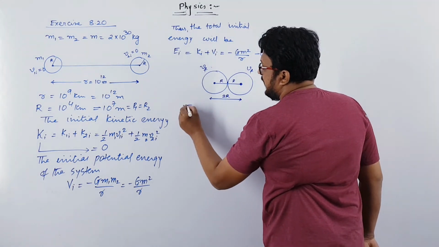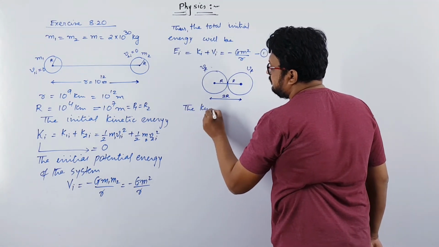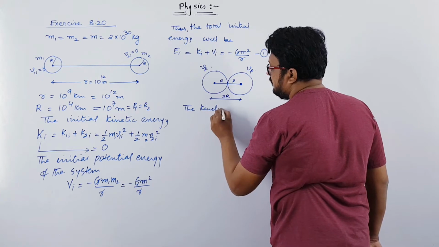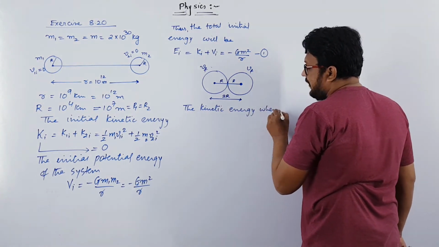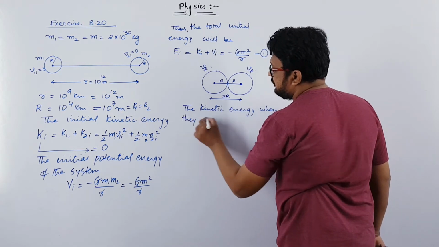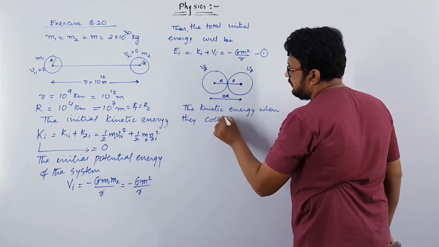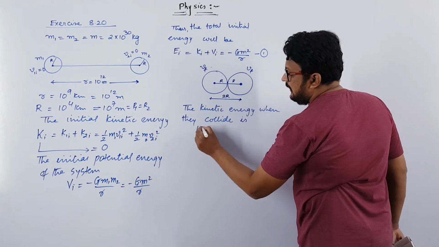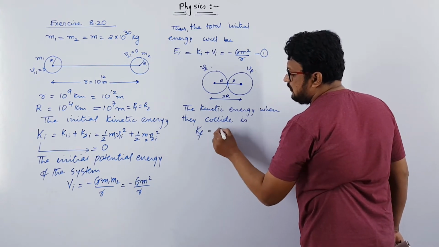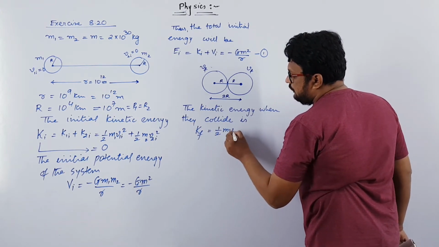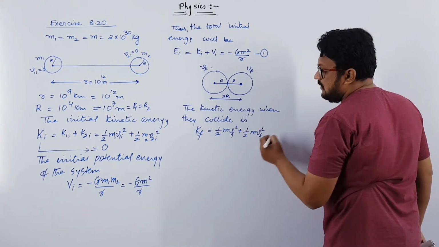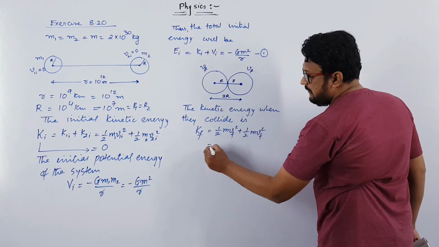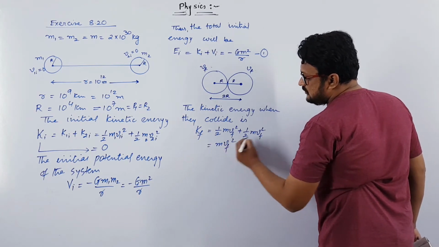So the kinetic energy when they collide, let us say final kinetic energy Kf, will be equal to half m vf square plus half m vf square. Half plus half will be 1, so this will be equal to m vf square.